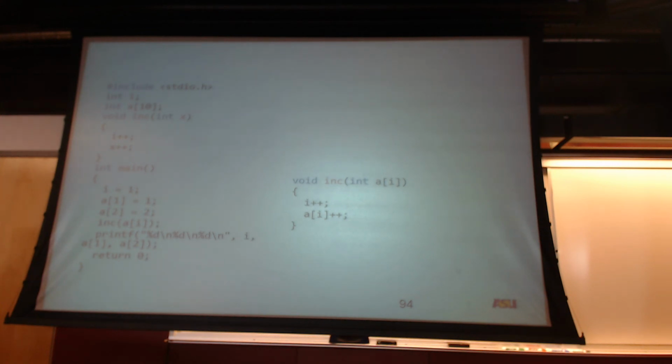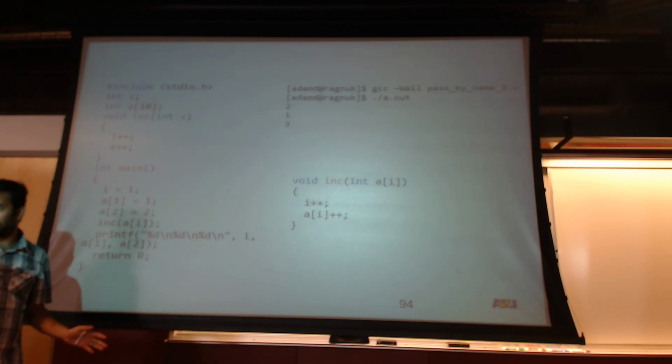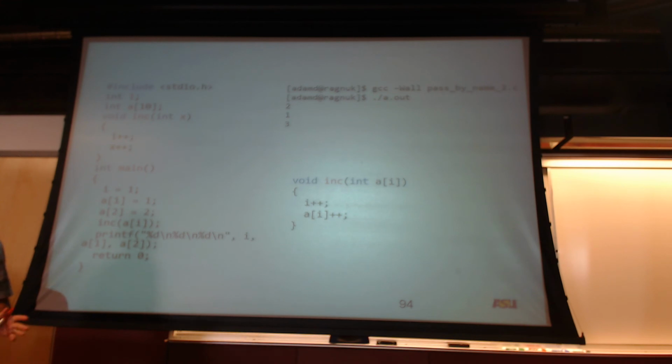You made I plus plus, so I became 2. You made A[I] plus plus, so what is I? I is 2. And what is A[I]? So A2. So you made A2 plus plus, so A2 became 3, right? You get this 213. Extremely weird, right? So that is pass by name.